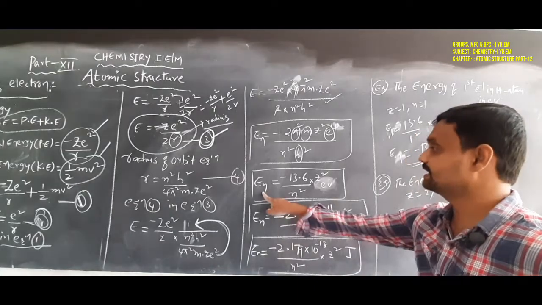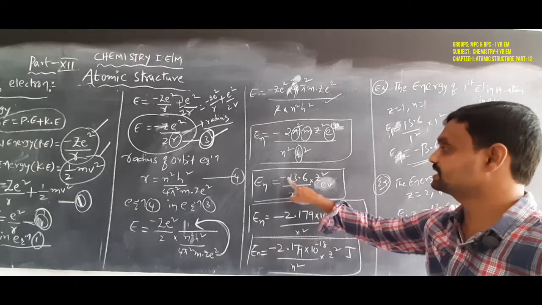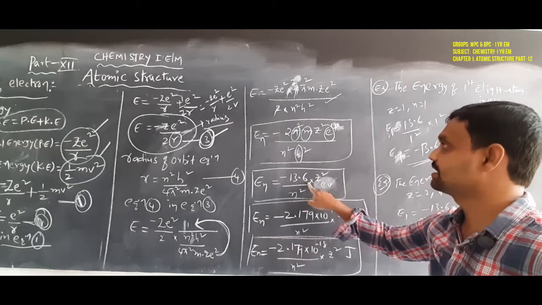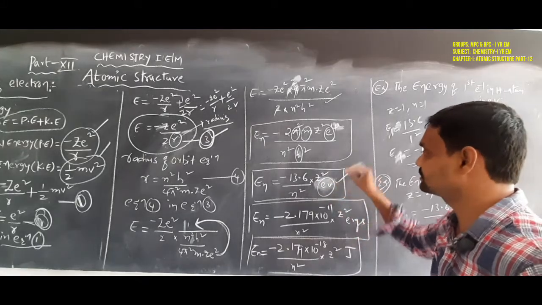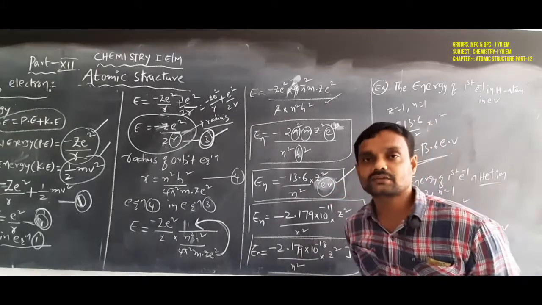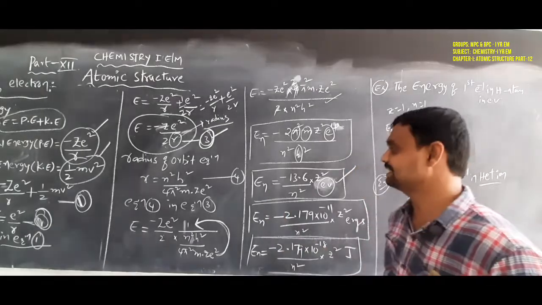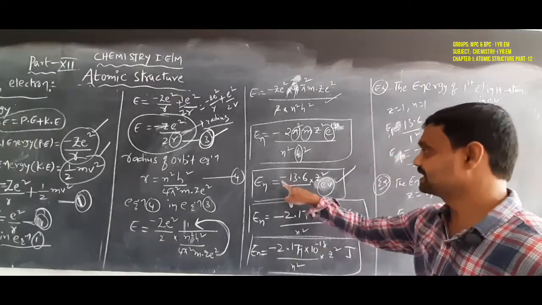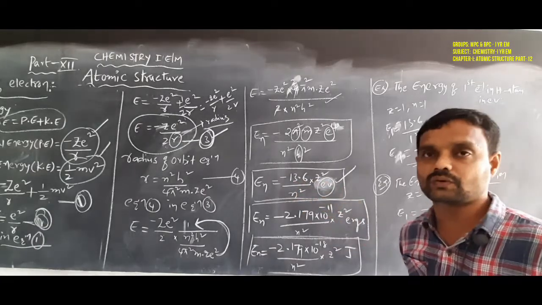Finally, after substitution, we get En is equal to minus 13.6 by n square into Z square electron volts. So in electron volts, the energy of the nth shell is En equals minus 13.6 by n square into Z square electron volts.